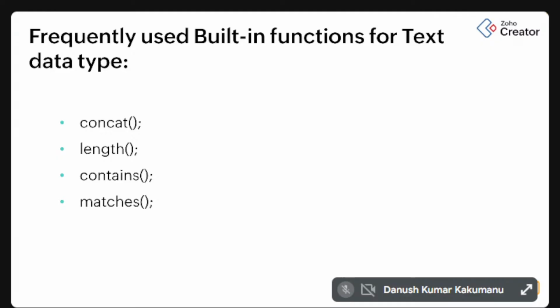While creating Deluge, we have created a lot of inbuilt functions which can be used readily without separate programming. These are some of the most frequently used built-in functions for the text data type: concatenate, length, contains, and matches.